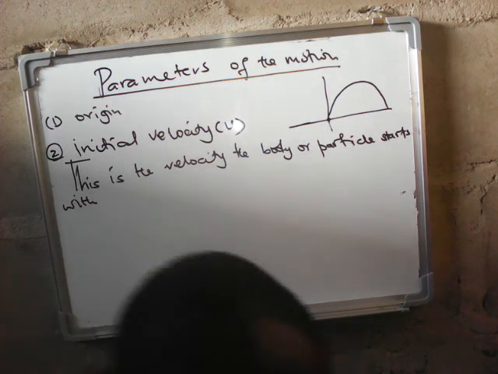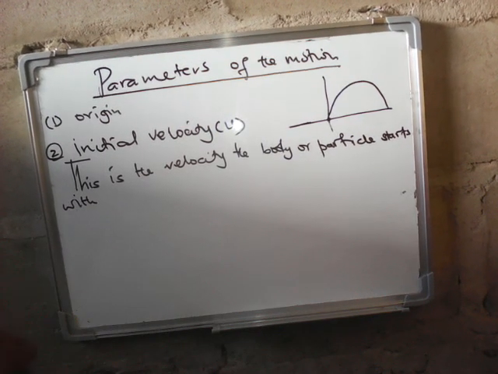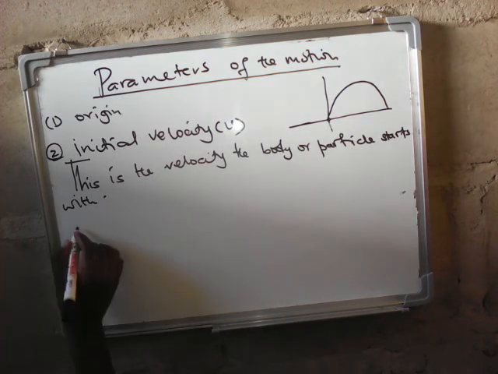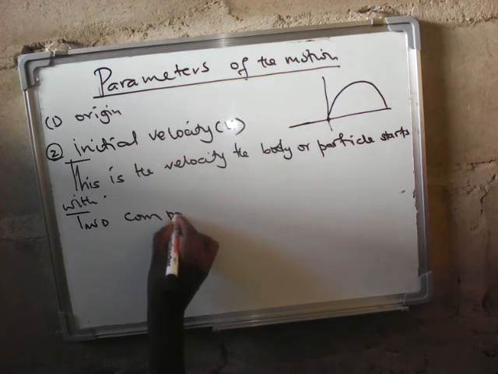So that speed the particle starts with is what we call the initial velocity. But it is divided into two components.